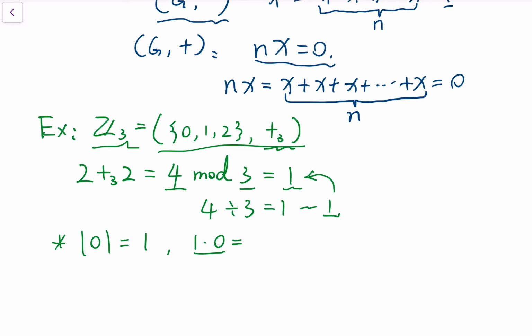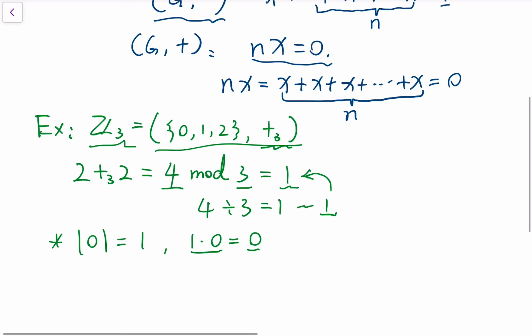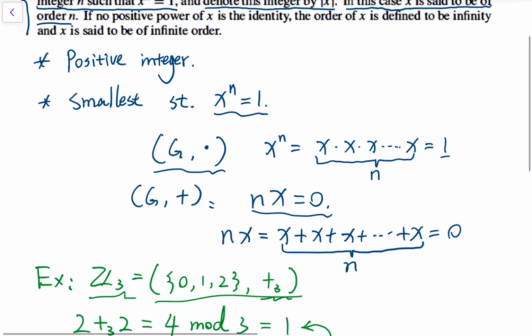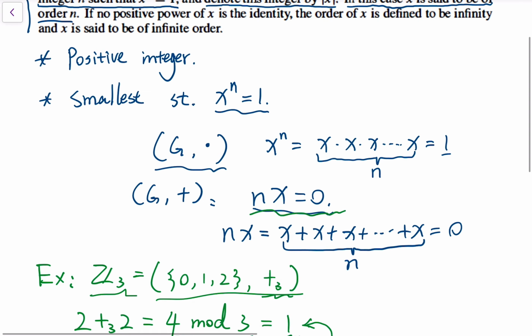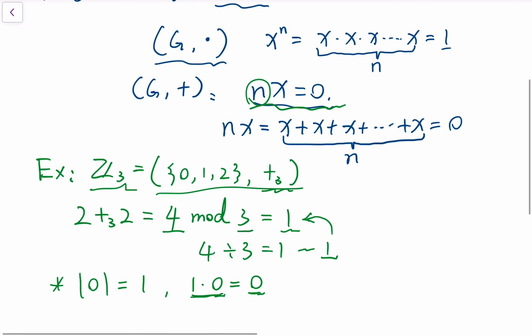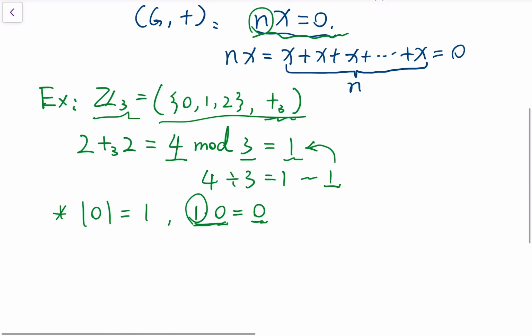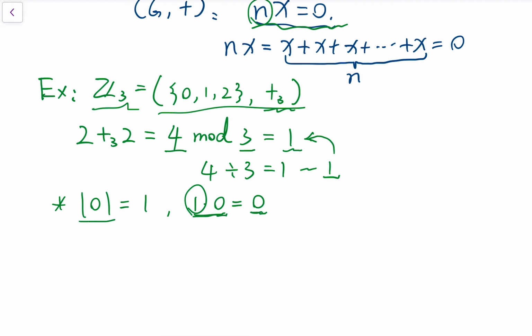This means you have only one 0 to do the operation, so the result is 0 itself, and 0 is the identity, so it automatically satisfies this property, and this n is just 1 here, so it means the order of 0 is 1.